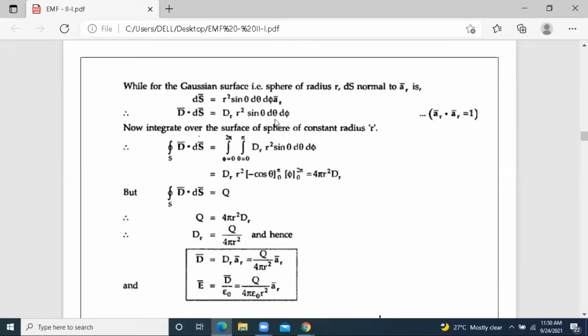D dot ds is this. Integral over the surface, D dot ds is this. So Q equal this. So to find D, all you have to do is divide by 4 pi r squared. And to find E, simple like that.